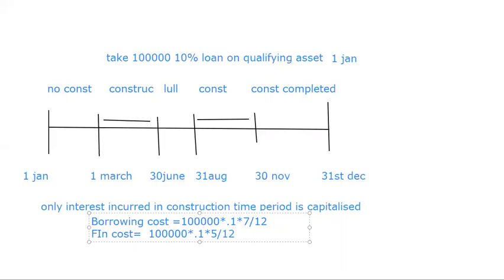So technical thing that we need to learn is that interest will be capitalized if and only if the construction is in process. Any time period where construction is not in process for any reason whatsoever, interest will not be capitalized. Even if it stops for 2 days, interest will go to statement of profit and loss. Clear? Are we clear in this?